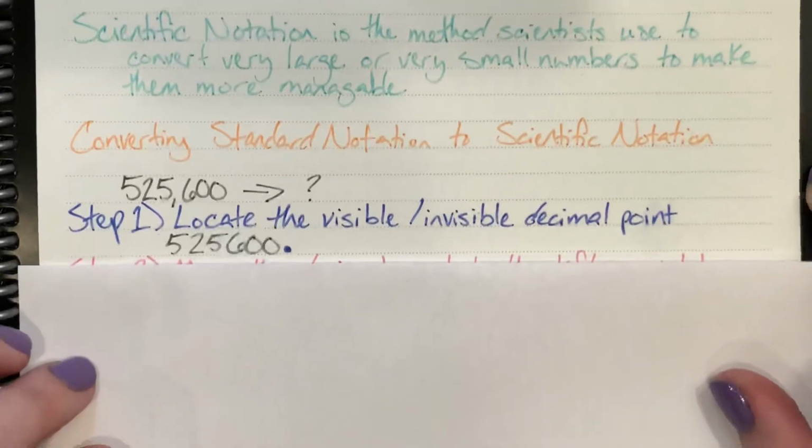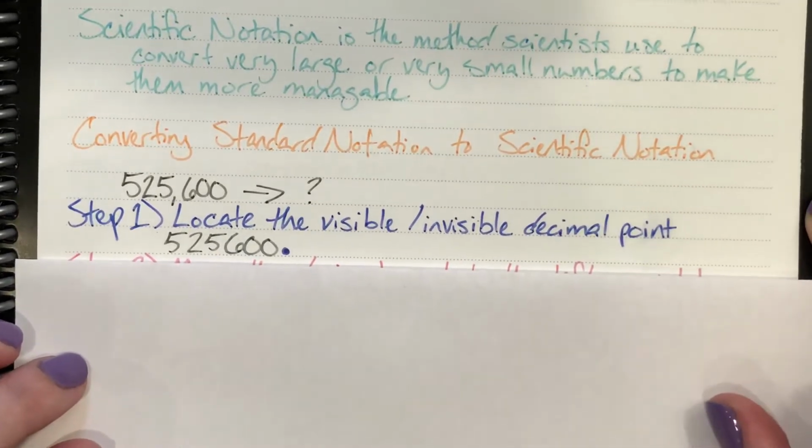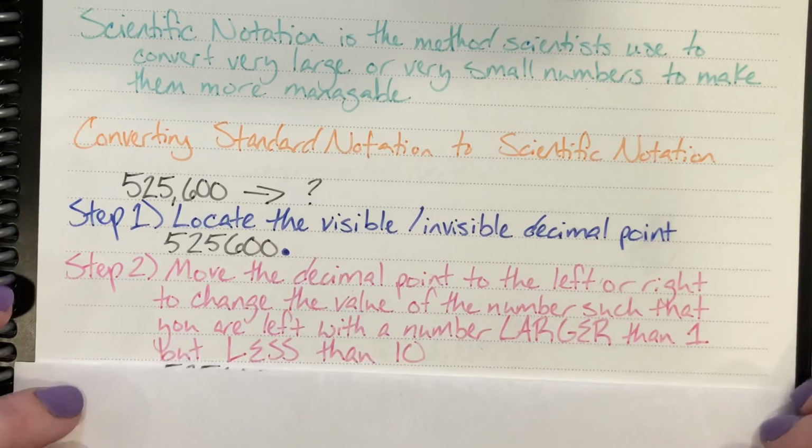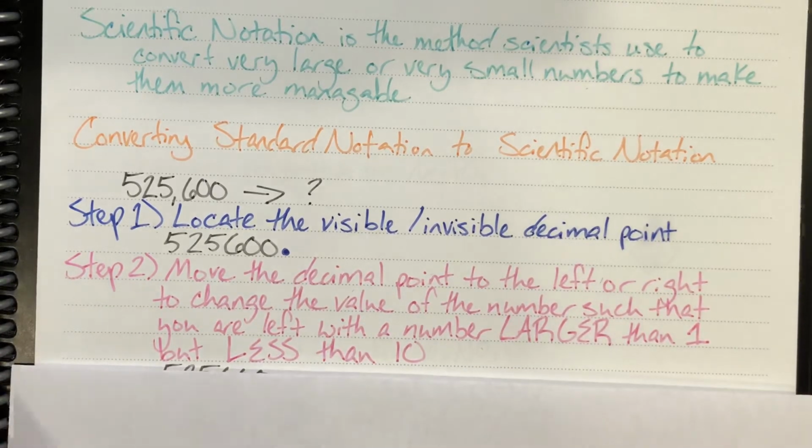Once I have my invisible or visible decimal point located, I can go ahead and move my decimal point such that I will end up with a number that is greater than 1 and less than 10, somewhere in between there, depending on what my leading number is.